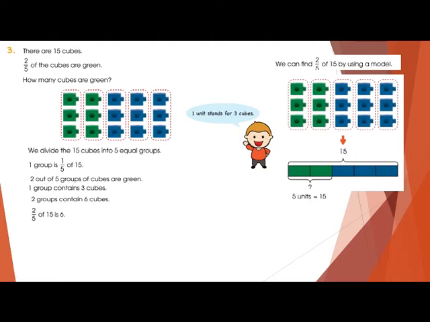So 5 units is equal to 15 in total. 1 unit will be 15 upon 5: you divide 15 by 5 and you will get 3. And 2 units will be 2 times 3, which is 6. So you can say that 2 upon 5 of 15 is 6. Clear? So 6 cubes are green.